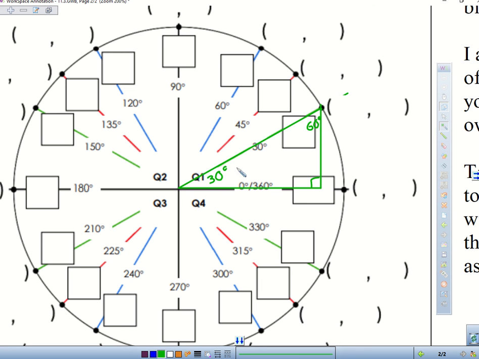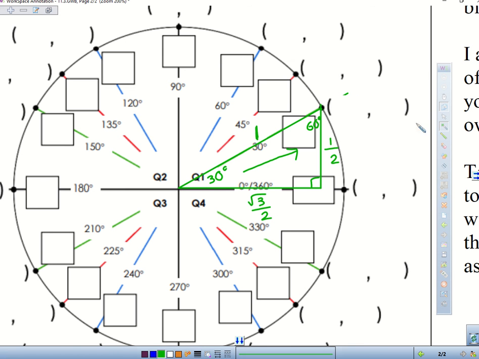So now we know that the hypotenuse of any triangle inside the unit circle has to be 1. So now the dimensions of this triangle are exactly as the one we just did on the previous page, right? What's the one across from the 30? That would be 1/2. Yes. This one here is going to be? Radical 3 over 2. Good.